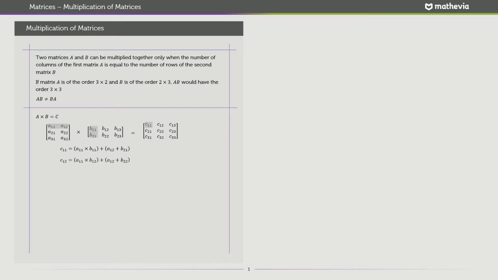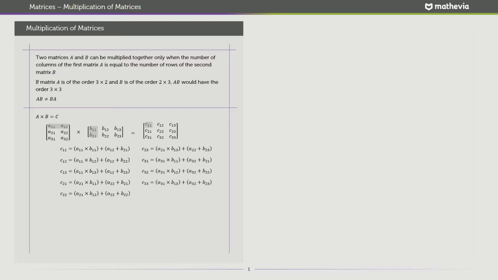So we'll just break all of it down. C12 is A11 times B12 plus A12 times B22. C13 is A11 times B13 plus A12 times B23, and you get the idea at this point. You do this up until you get to C33, and then you would have obtained results for all the elements in your answer C.